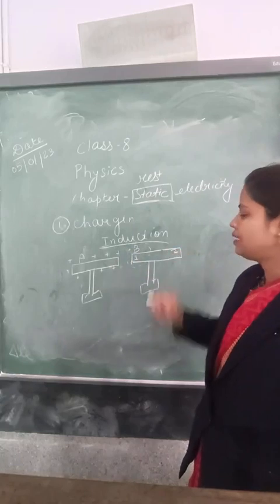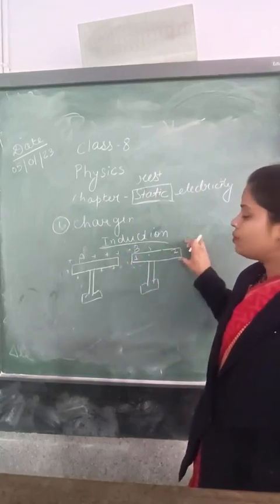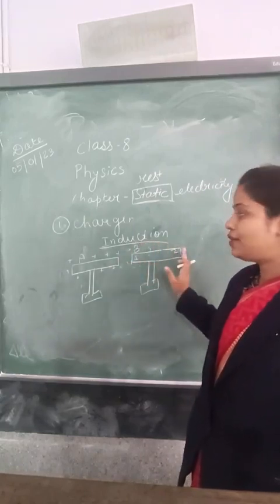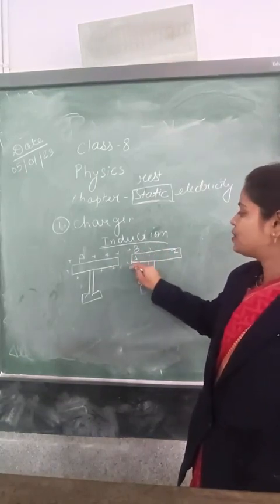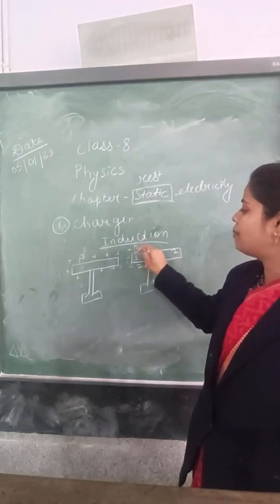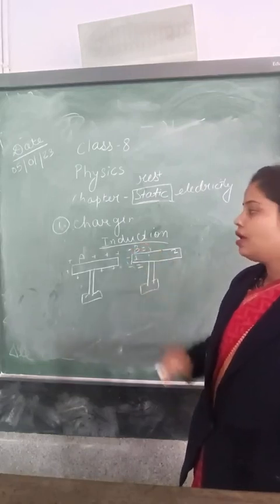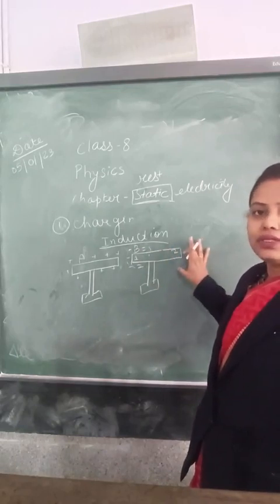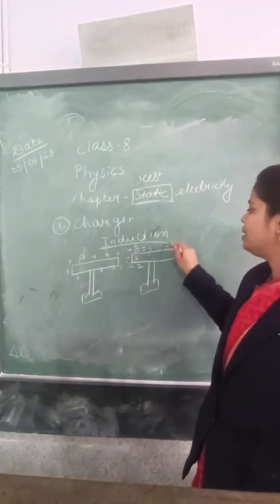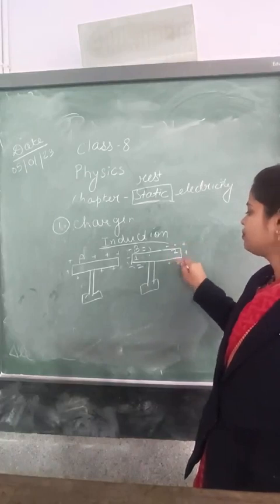Let us take the first end and second end. As a result, end 1 will acquire a partial negative charge. The other end is deficient of electrons, so it will acquire a partial positive charge.